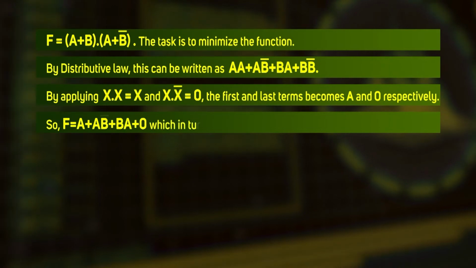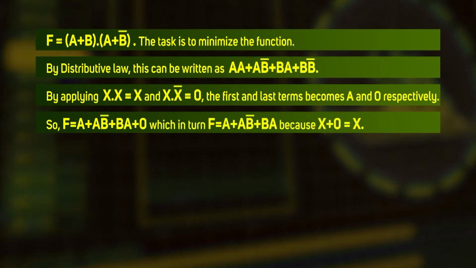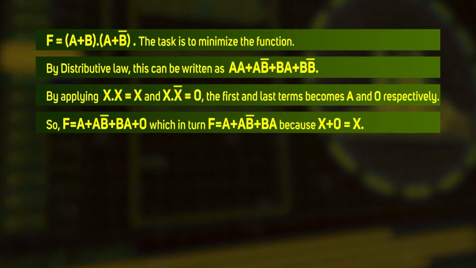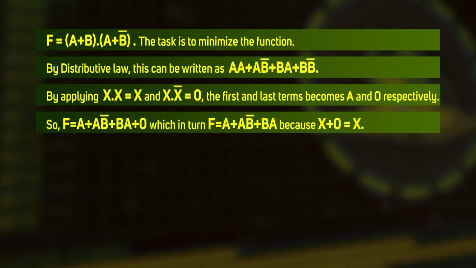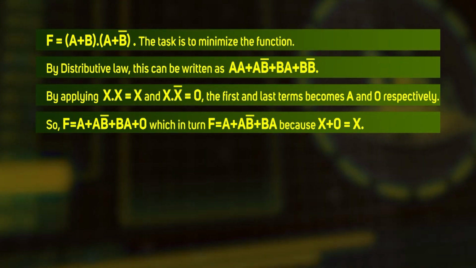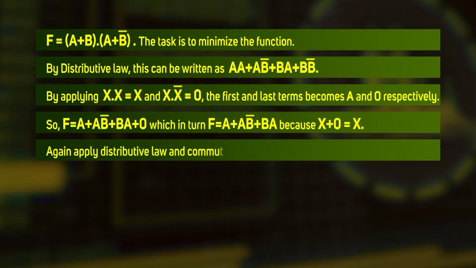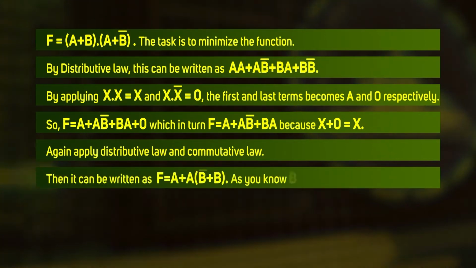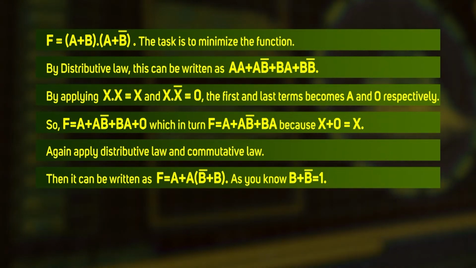So, f is equal to a plus ab complement plus ba plus 0, which in turn is f equal to a plus ab complement plus ba, because x plus 0 is equal to x. Again, apply distributive law and commutative law, then it can be written as f is equal to a plus a(b complement plus b).